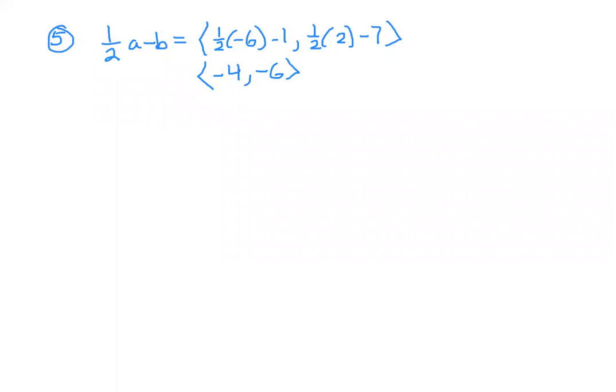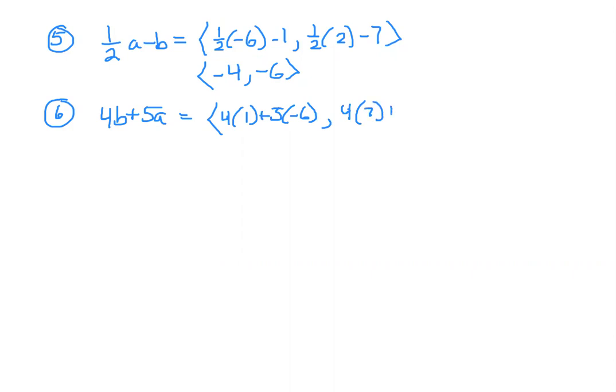So that's number 5. And number 6 is 4B plus 5A, and that is 4 times 1 plus 5 times negative 6, and 4 times 7 plus 5 times 2.